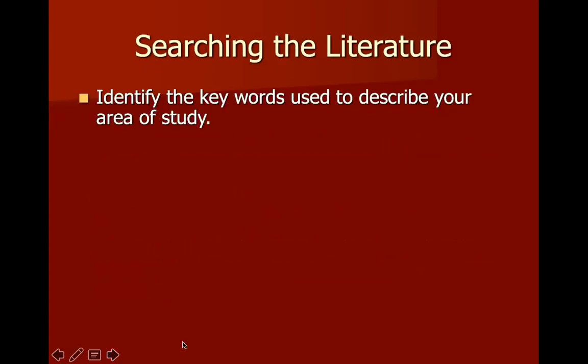So here's some more information. Okay, so we started doing this in class on Tuesday, and one of the biggest challenges is trying to figure out what the key words are, because if you haven't read this literature before, it's hard to know what are the key words that are used.